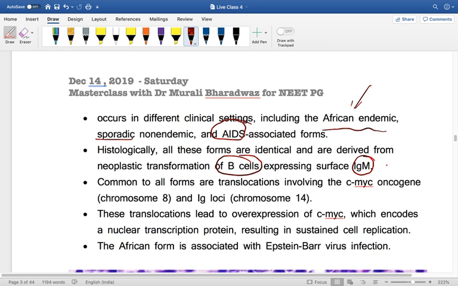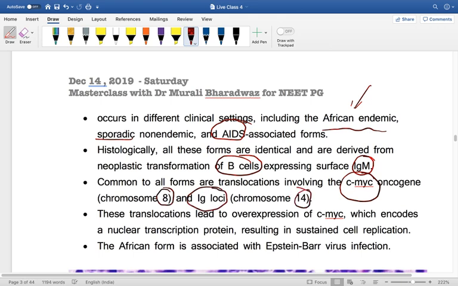Now, what is the oncogene in Burkitt? C-Myc oncogene. What is the chromosome? Chromosome 8. Where is the Ig locus? Chromosome 14.